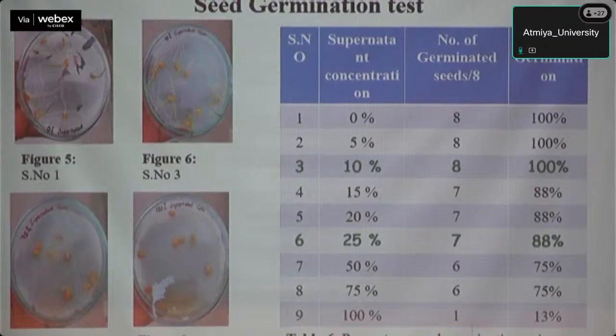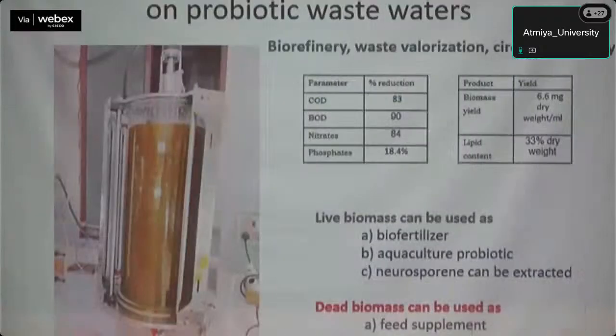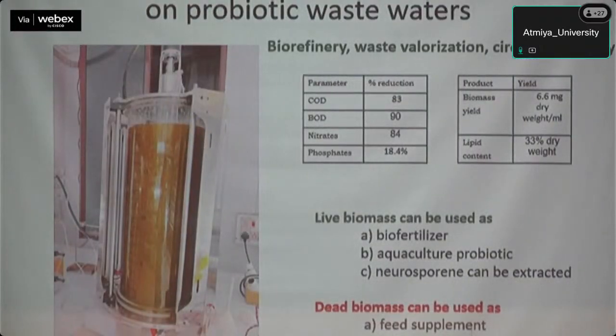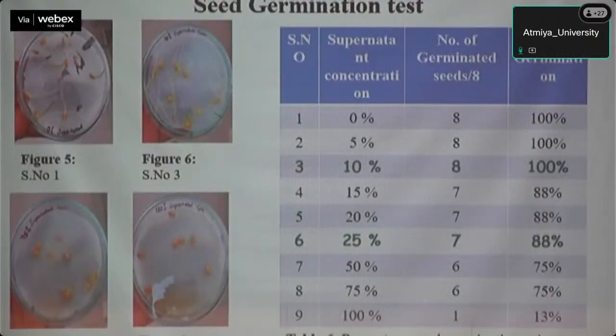You can dilute this wastewater with fresh water and use it for irrigating your plants. And also there is a good amount of phosphates still remaining in it. So these phosphates will be useful for the growth of the plant.